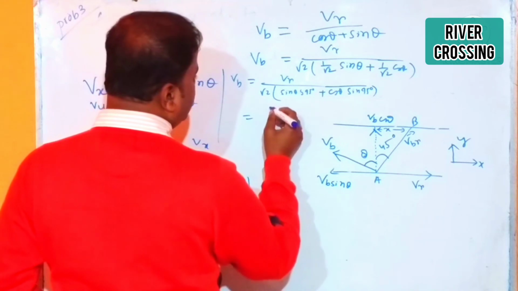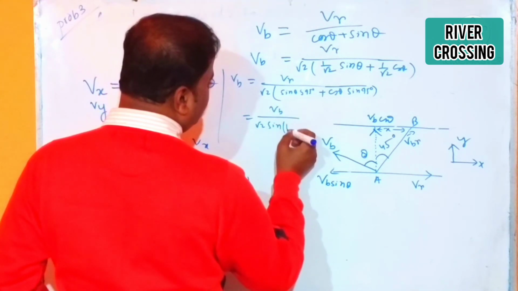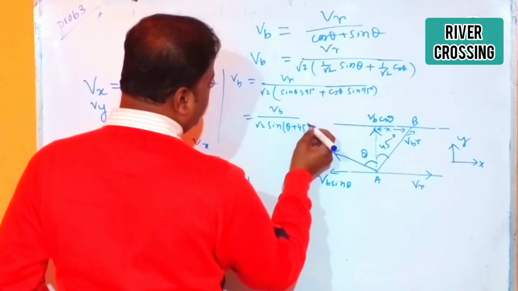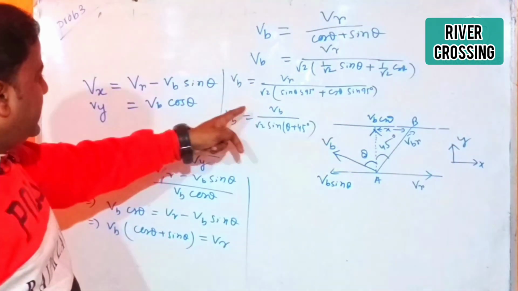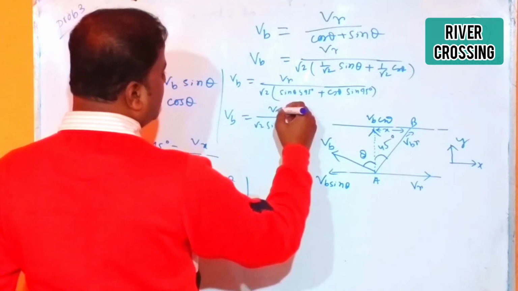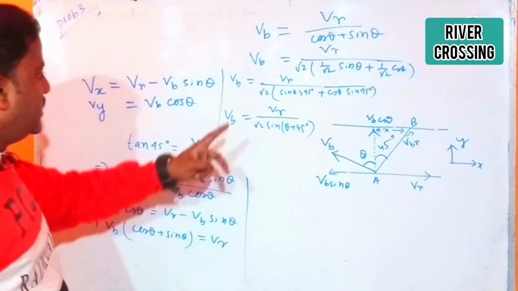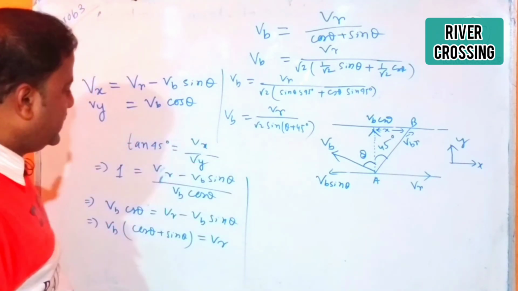And this is Vr by root 2 into sin of theta plus 45 degree. This is the expression of velocity of the boat.